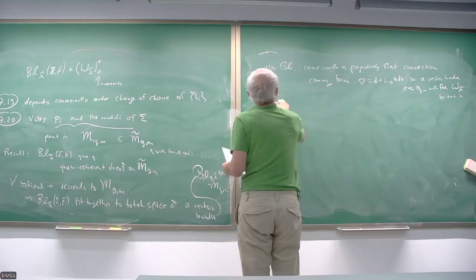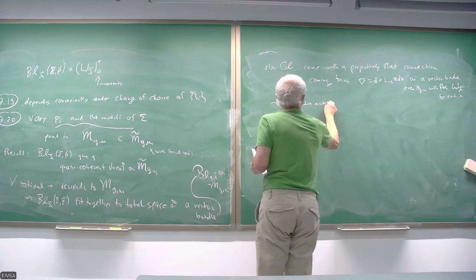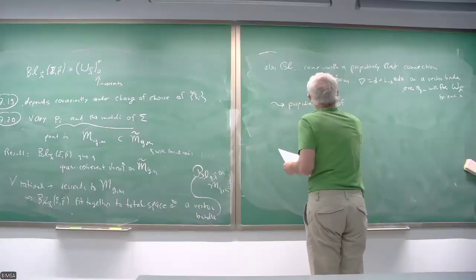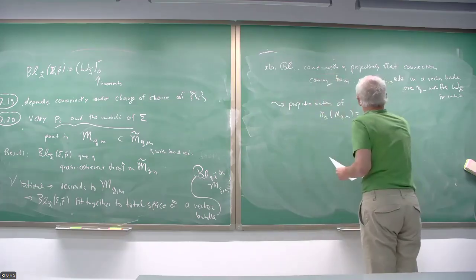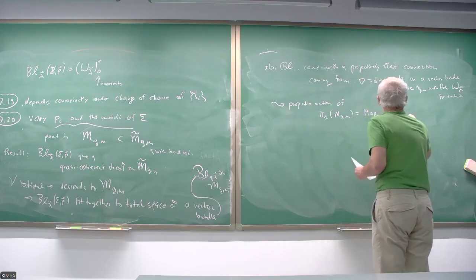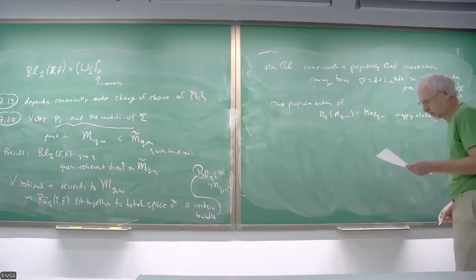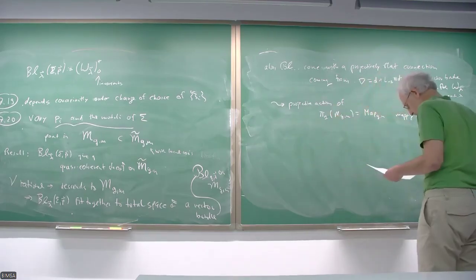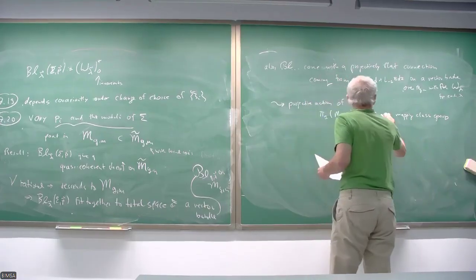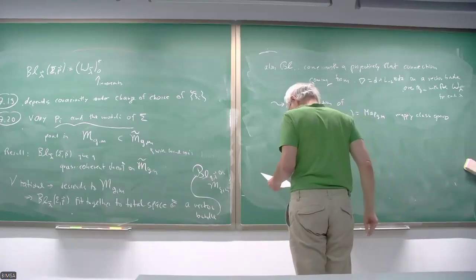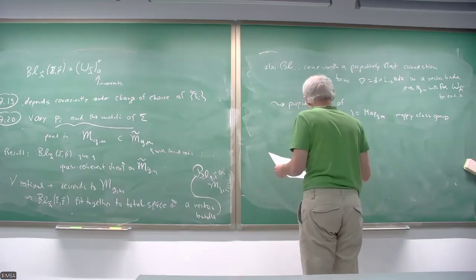And from this, it follows that there is a projective action of the fundamental group of M_{g,n}, which is also known as the mapping class group of the surface sigma, of surfaces of given genus g and n distinct points, on each of these vector spaces.